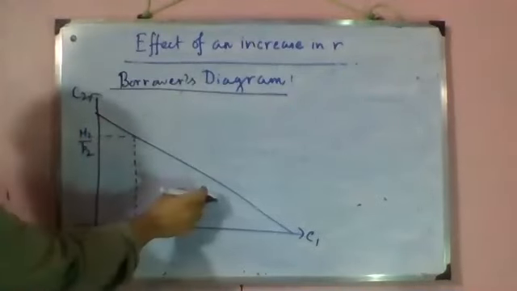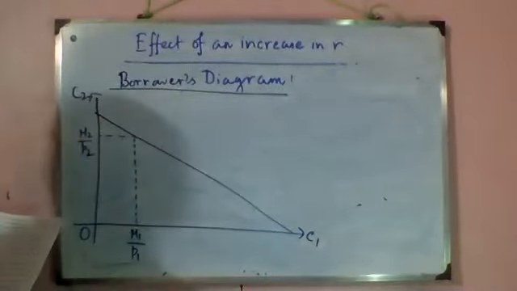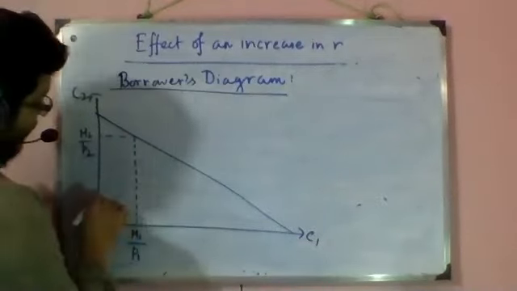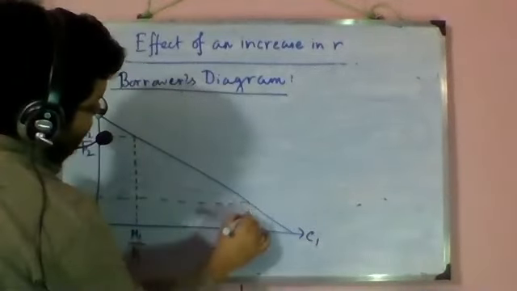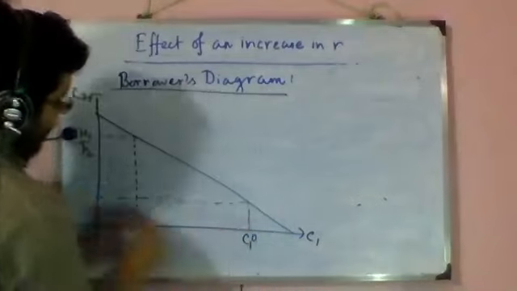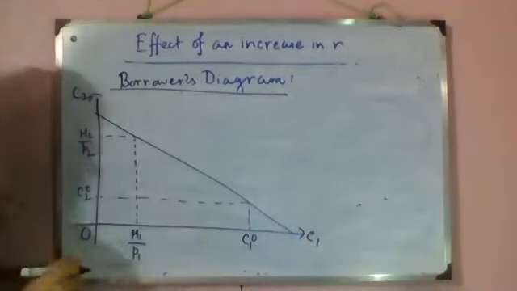Okay, so we have ample space here. Now, the initial point we will take a bit further. So let's say this is our C1 naught and this is our C2 naught.